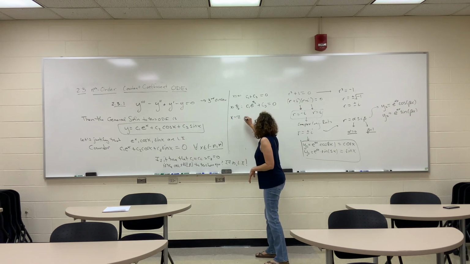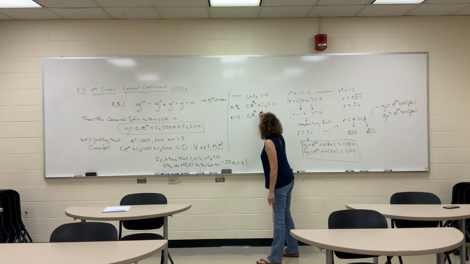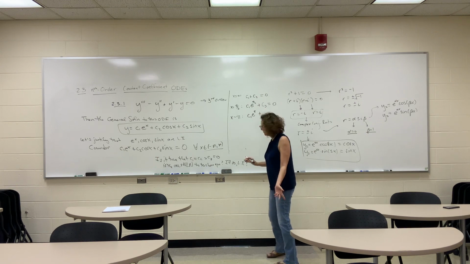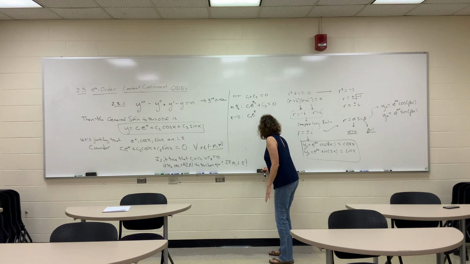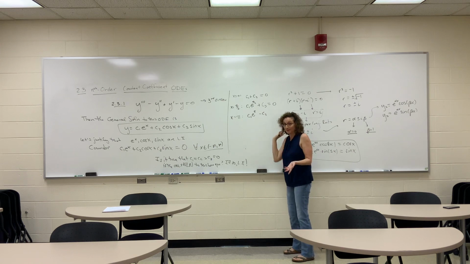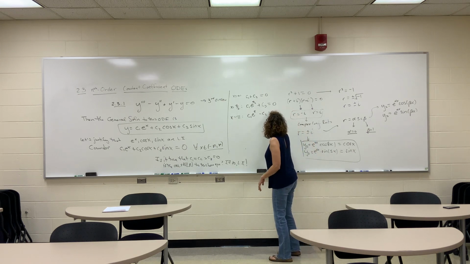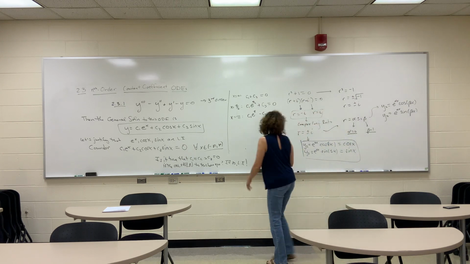If x is pi, then the equation becomes C1 e to the pi plus C2 cosine of pi. What's cosine of pi? -1, right? Minus C2. What is sine of pi? Good, 0. So the whole point was to make our equations a lot simpler, right?